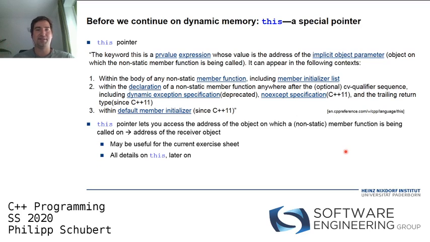We will have all the details on the this pointer in a different lecture later on. For now, hopefully you have a rough idea what it is. Maybe again in simple words, the this pointer gives you the address of the object a member function is being called on. And sometimes that's very useful. You need that functionality.